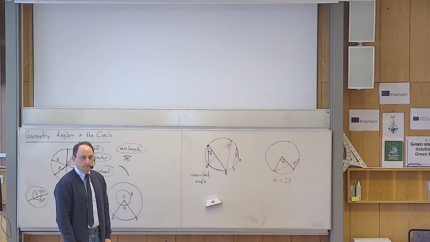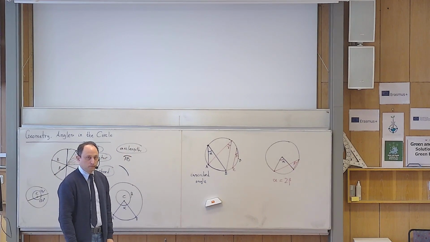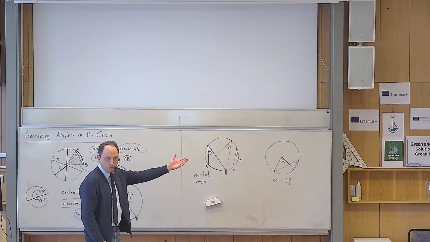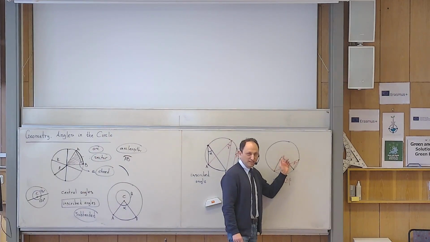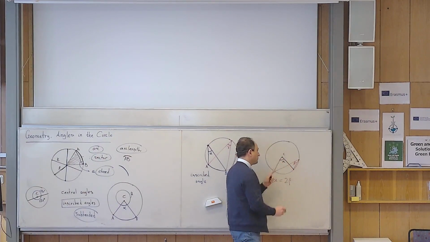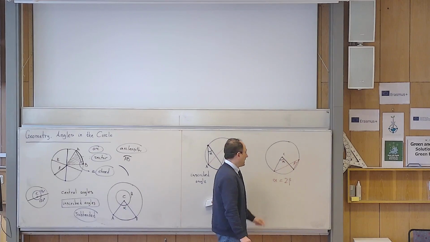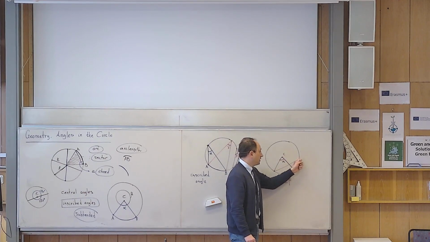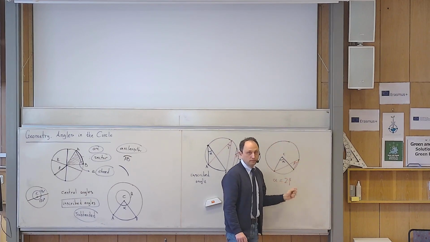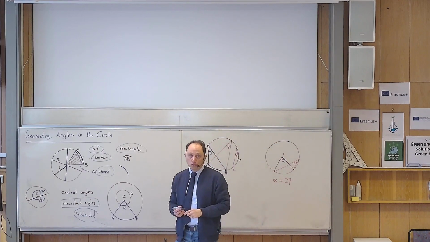In a central angle, the tip is always in the middle of the circle, right? Middle means center; in English we say center. So this one is always the center, and the arms are radii. But here, the vertex is somewhere on the circle, and the arms are chords, not radii.